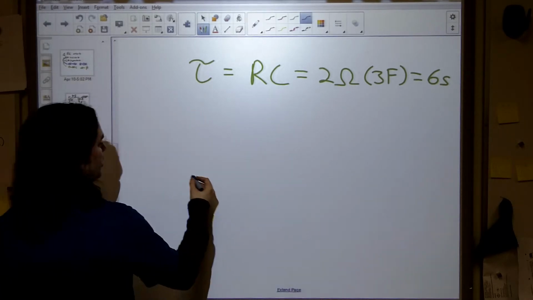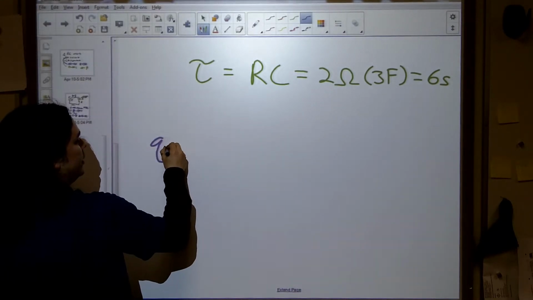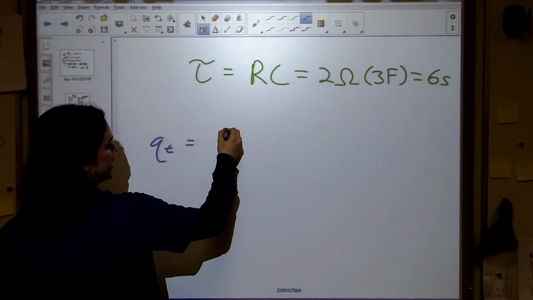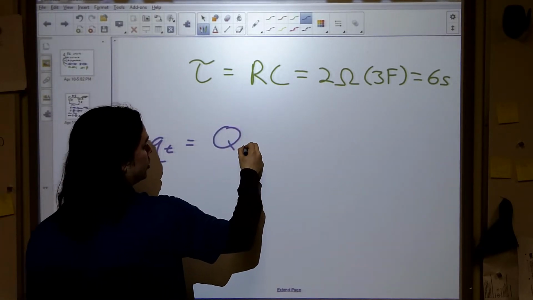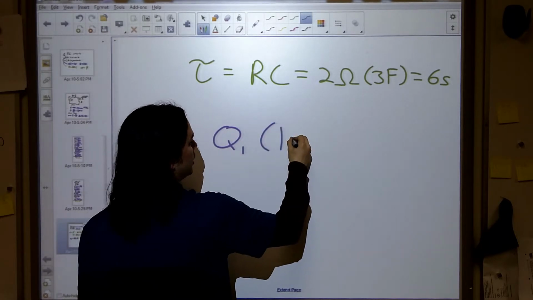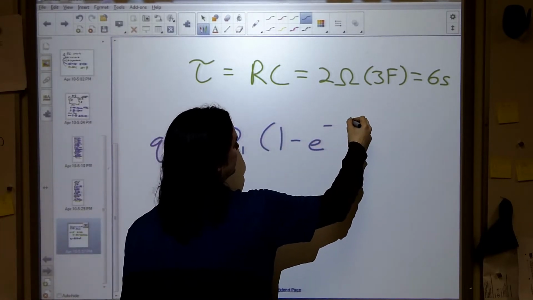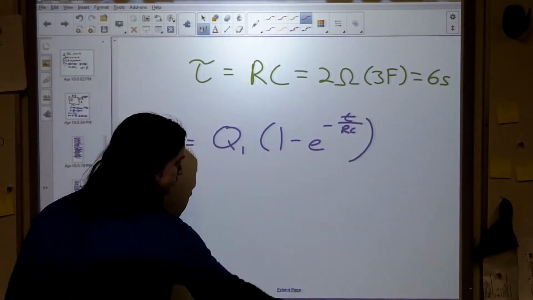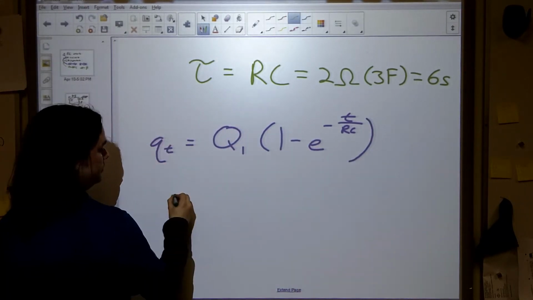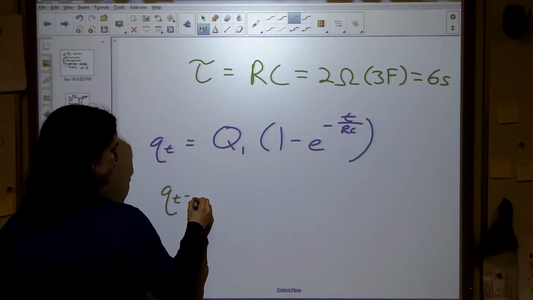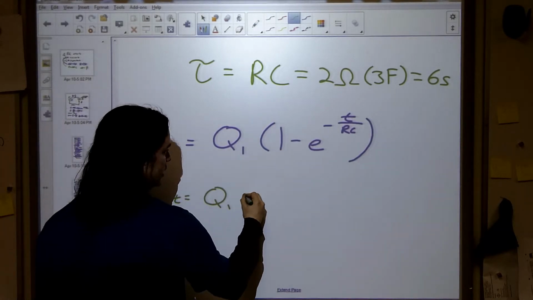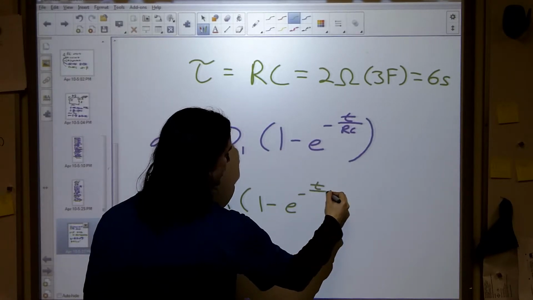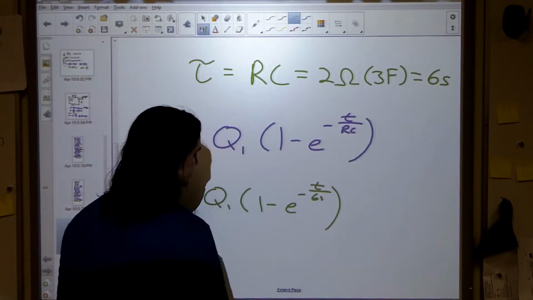So here's where I'm going to bring back in one of the equations we looked at. Q of t, the charge on the capacitor as we charge the capacitor, is going to be Q final times 1 minus e raised to the negative t over RC. If I plug in these values, Q of t is equal to my total charge times 1 minus e raised to the negative t divided by 6 seconds.